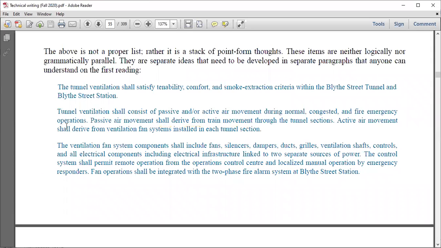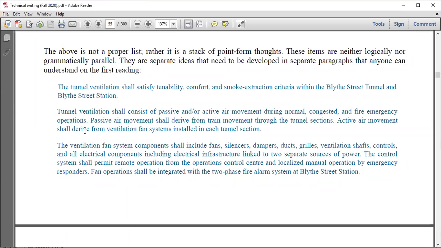Now, if you look at the second point, it says tunnel ventilation shall consist of passive or active air movement during normal, congested, and fire emergency. So, all the related points, right? For example, passive and active air movement, when they are to be passive and active during normal, congested, and fire emergency operations. Now they all have been put together.